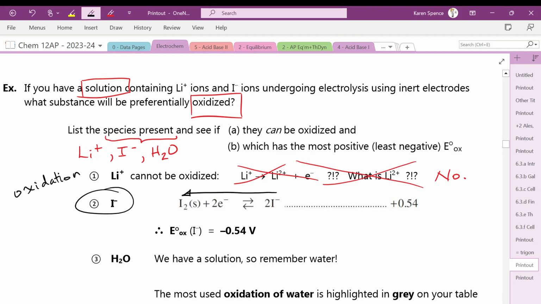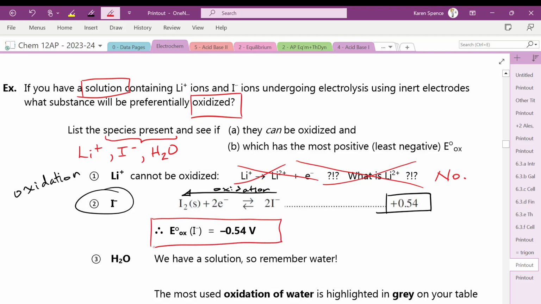There is our oxidation. If the number says plus 0.54, what is the potential of the oxidation? Negative 0.54. So E° ox of I- is negative 0.54 volts.